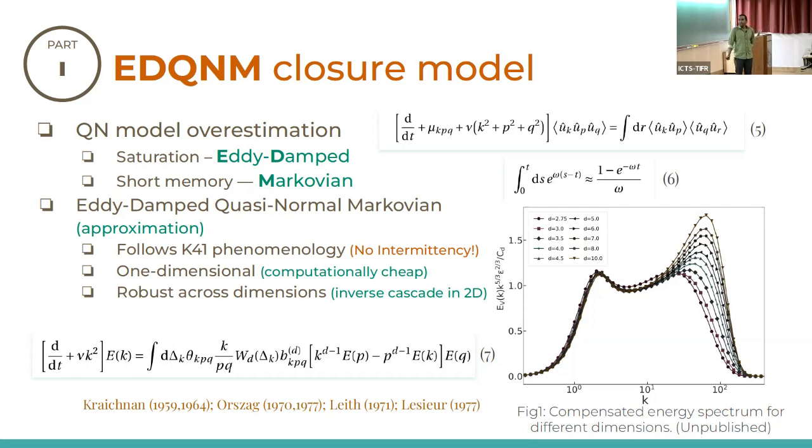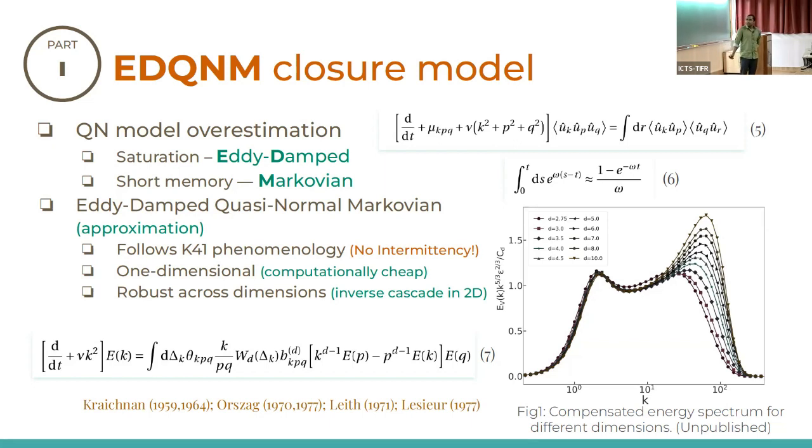And here, the dimension merely acts as a parameter when we do all the simplifications, which allows us to change the dimension even to non-integer values, and it indeed preserves what we observe in real life phenomena. For example, the inverse cascade in 2 dimensions when you put d equal to 2.